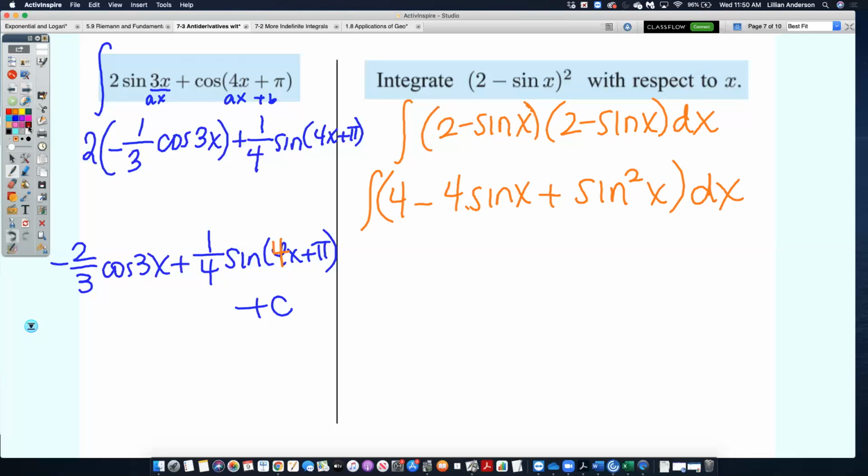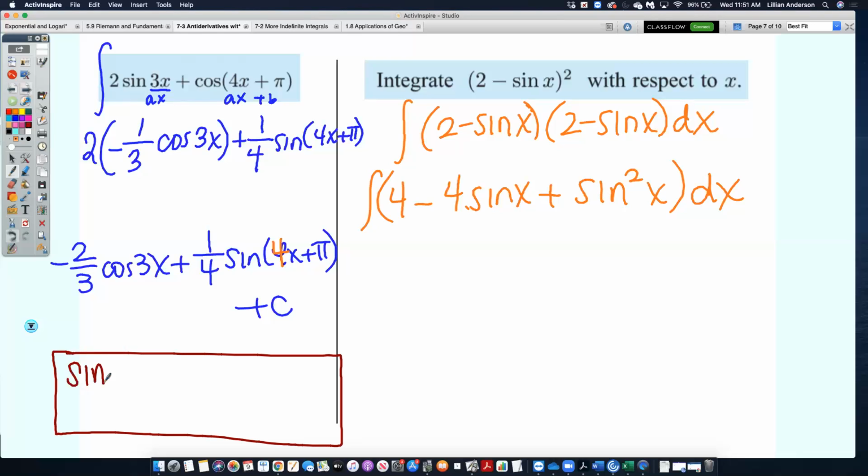There's power reducing identities, product to sum, and sum to product identities that you guys aren't necessarily responsible for knowing. However, to be able to integrate trig functions like sine squared x or cosine squared x, you'll need these identities that I'm going to write down here, and they would actually be very beneficial if you wrote them down and had them yourself.